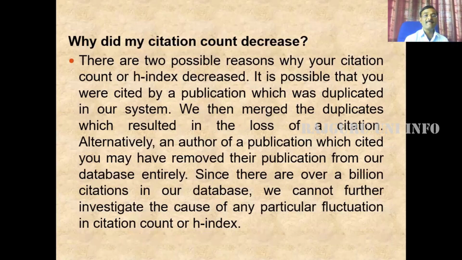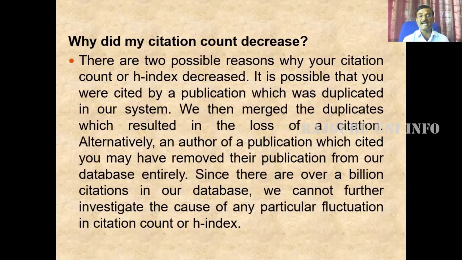Because there may be some important problems. One, it may be with the duplication of the work. If the same kind of work has been cited two or more times, then by proper verification or by merging of the duplicated documents, definitely the citation count decreases.